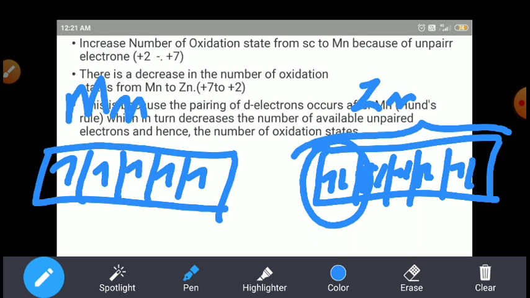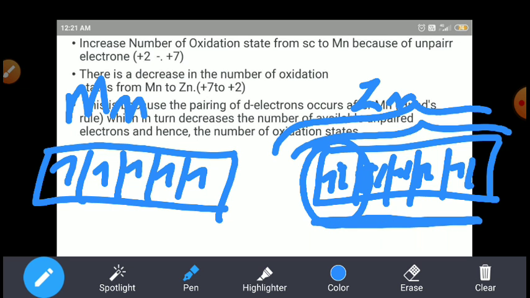So the d orbitals of zinc never exhibit oxidation states.